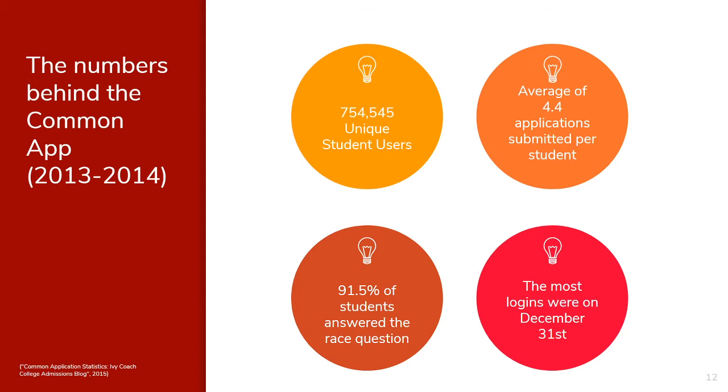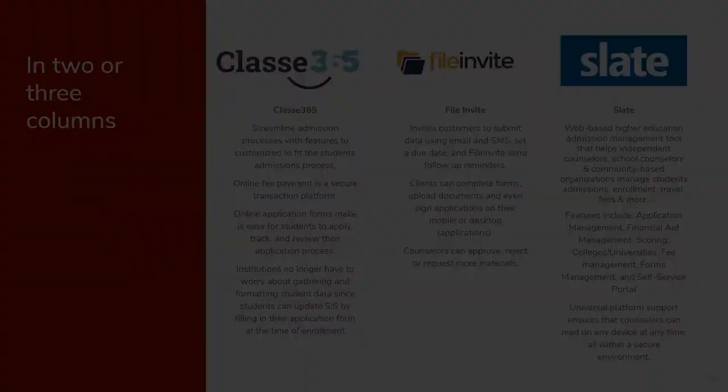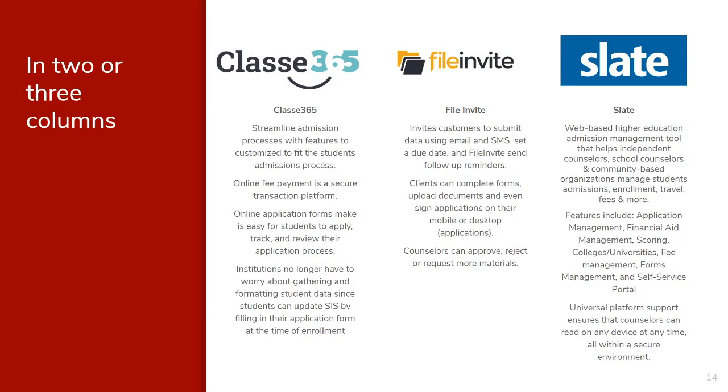We're going to move on to the highest rated technologies. Some of the most popular technologies were Class 365, File Invite, and Slate. And as you know, Slate is what we're going to dive into first. Class 365 is a streamlined admissions process with features customized to fit the student's admissions process.